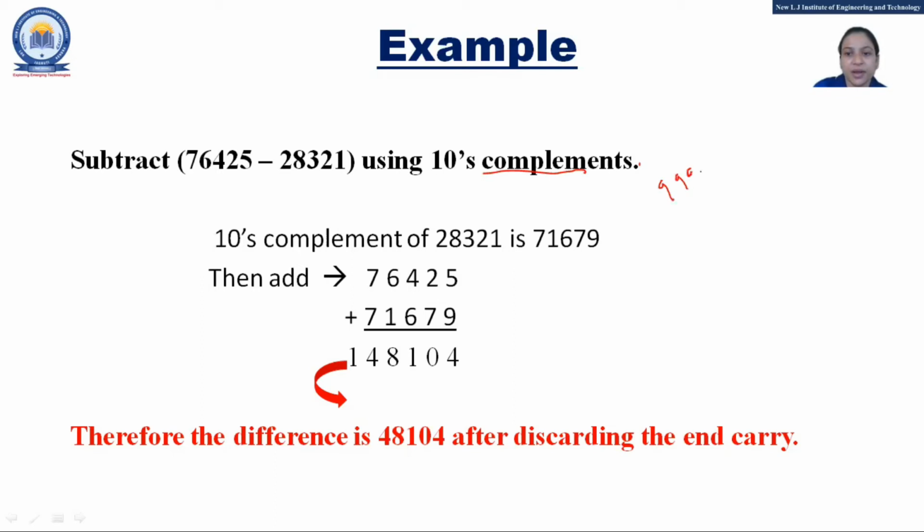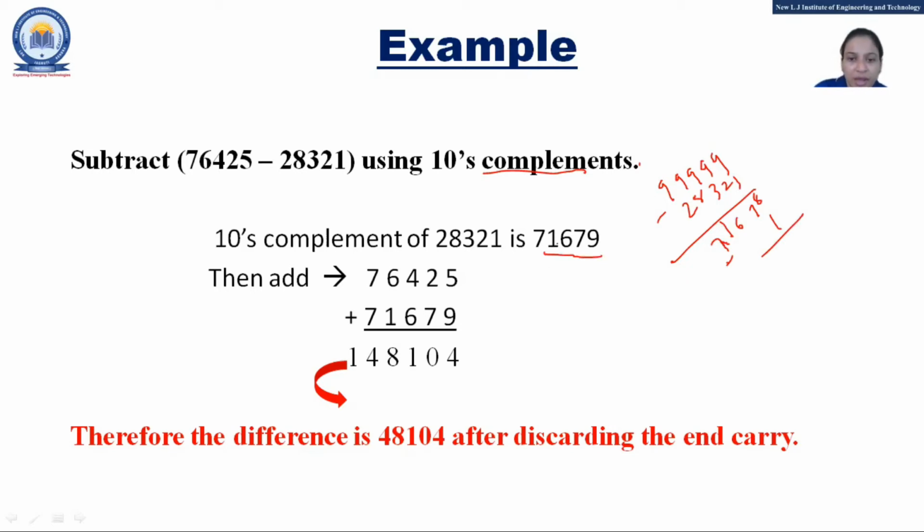First, we find the nines complement of the given number, 2 8 3 2 1. That is 7 1 6 7 8. Now we will add 1, so we will get 7 1 6 7 9.